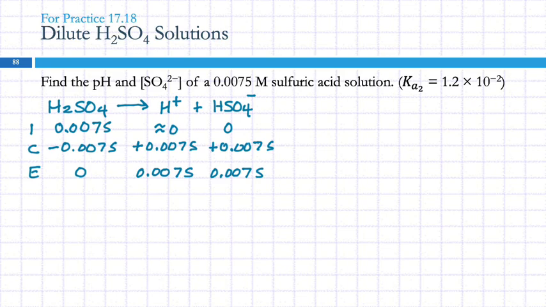Okay, so let's just go forward here. The first hydrogen comes off completely, and so these are now our initial concentrations for the second equilibrium. The second equilibrium is the HSO4⁻ losing a proton. This one is an equilibrium because there's a Ka.